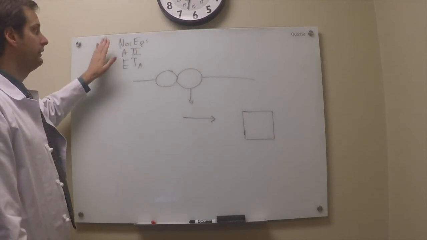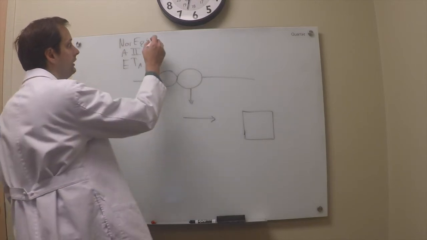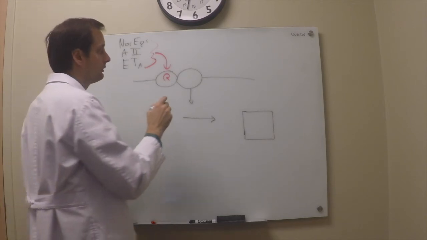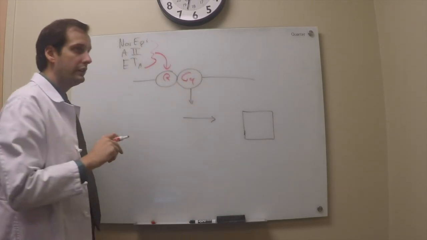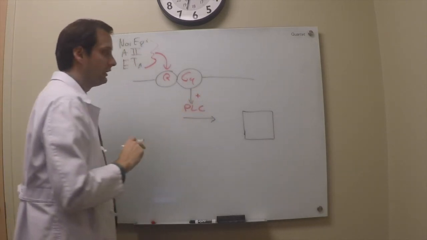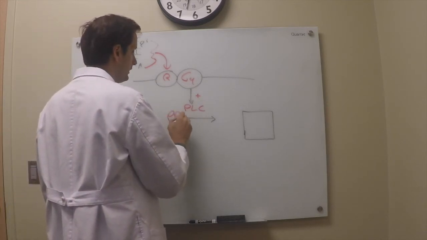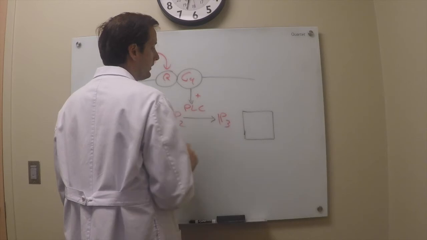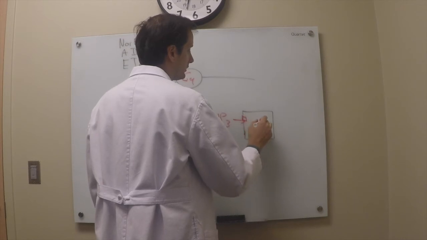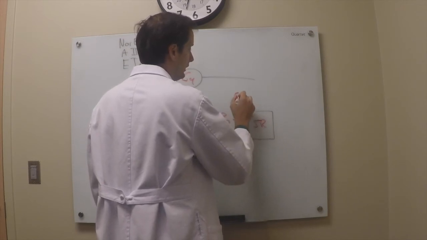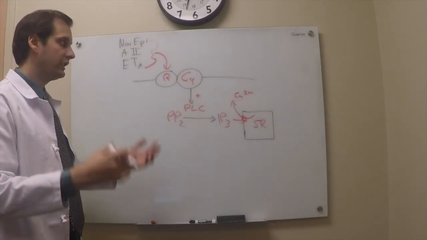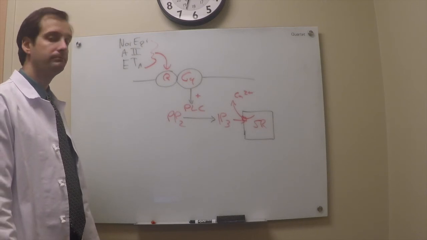Again, if we have norepinephrine, angiotensin II, or endothelin, these are going to stimulate their respective receptors, and these receptors are going to be coupled with a Gq protein, and the Gq protein is going to activate our phospholipase C. Phospholipase C will take PIP2 and convert it to IP3, and IP3 is going to phosphorylate again our ryanodine receptor on our sarcoplasmic reticulum, such that we have increased calcium efflux into our intracellular space, once again available for troponin C to be bound to.